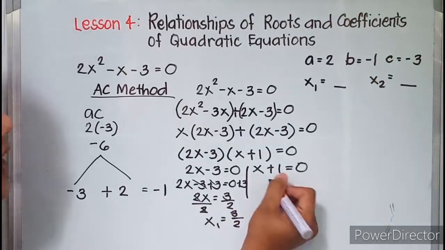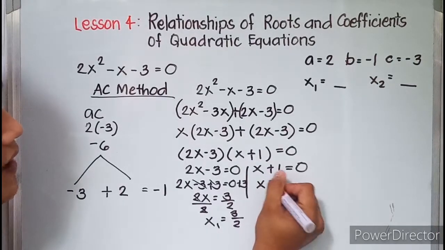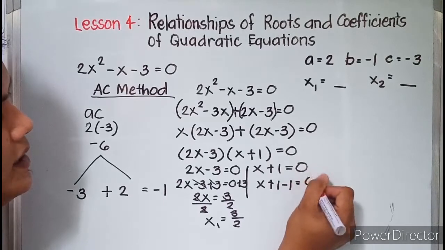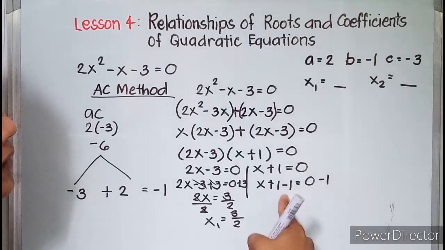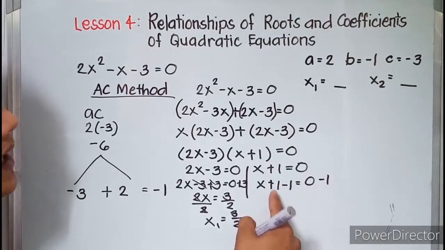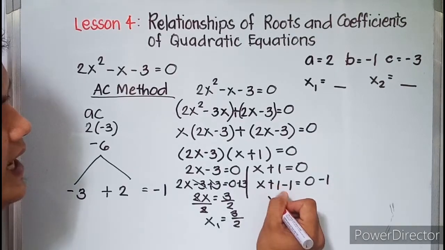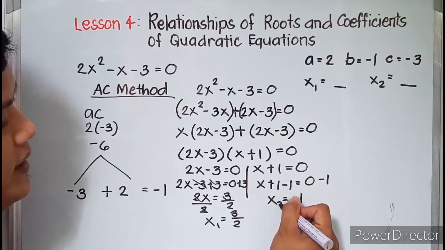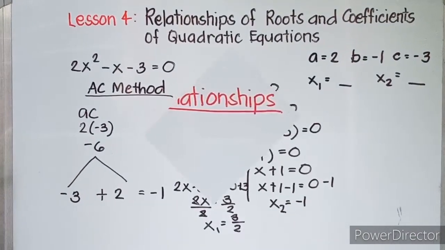Then for our x sub 2, we have x plus 1, additive inverse, negative 1 equals 0 minus 1. Kung anong ginawa sa kaliwa, gagawin sa kanan. Then 1 minus 1 is 0, so x equals 0 minus 1, that is negative 1. So our x sub 2 is negative 1.